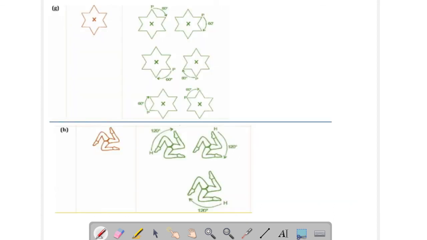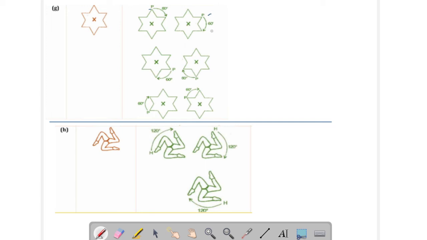Now come to G part. Here see this figure. Take P point at this point and rotate it at 60 degrees. If you rotate at 60 degrees, P will come here.